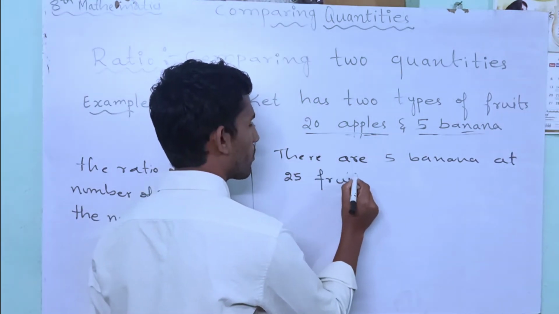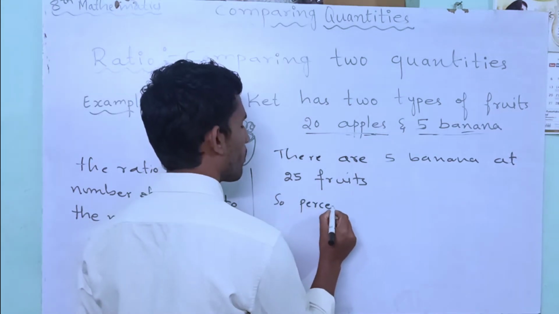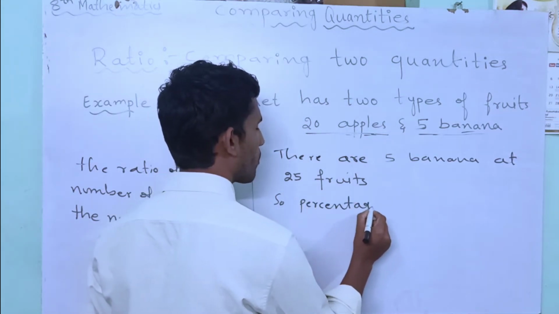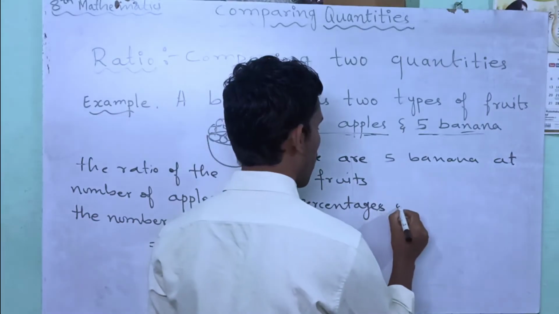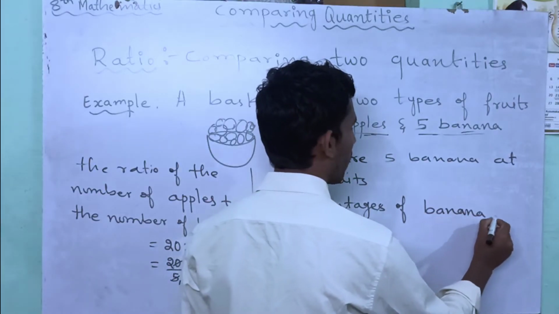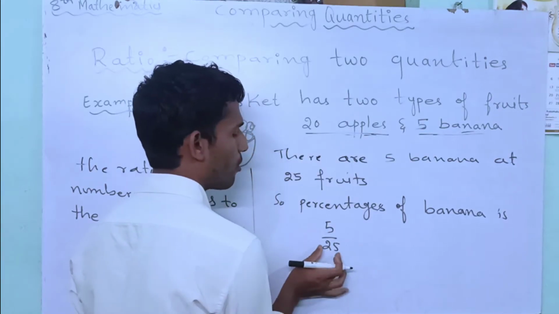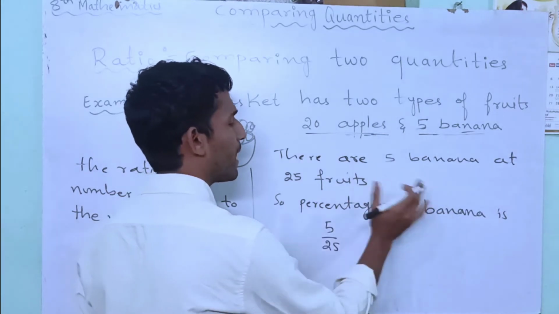So the percentage of bananas is 5 by 25. Out of 25, there are only 5 bananas.